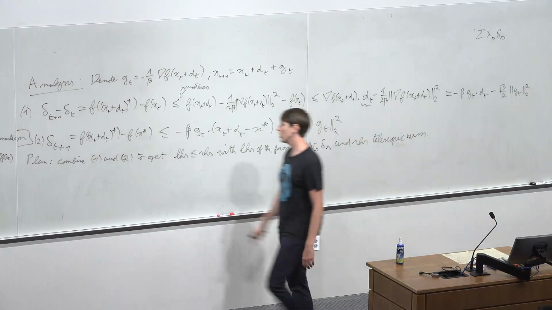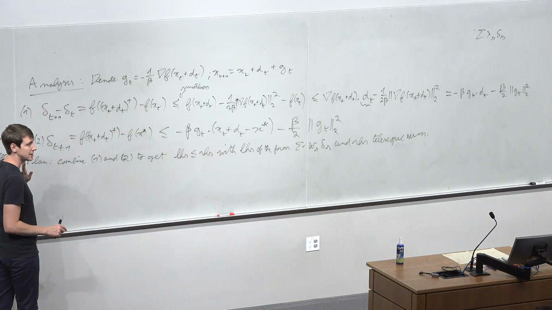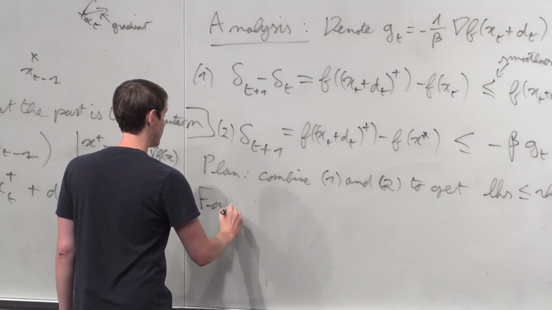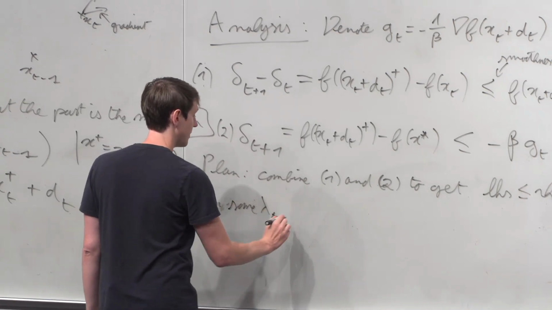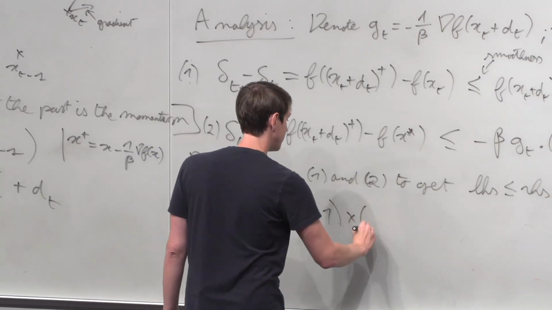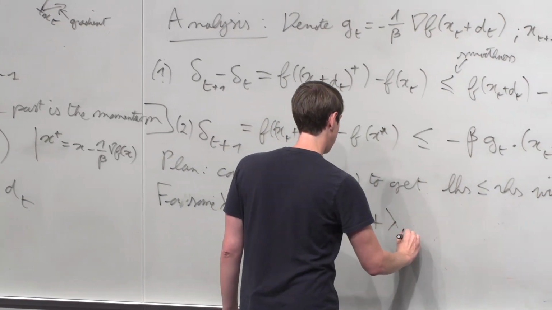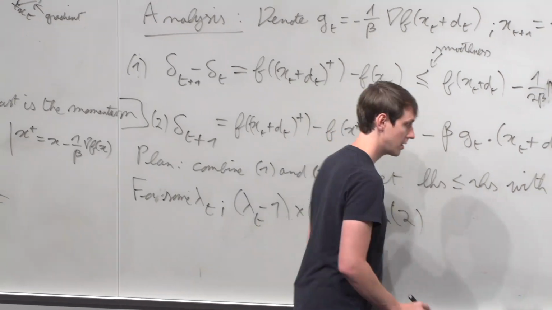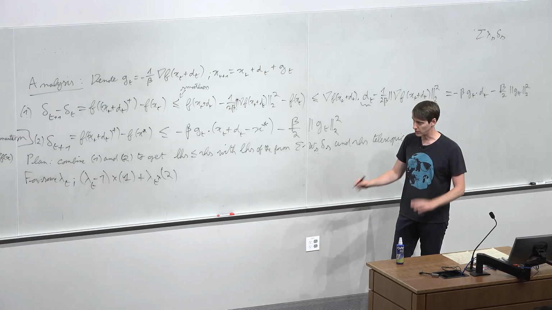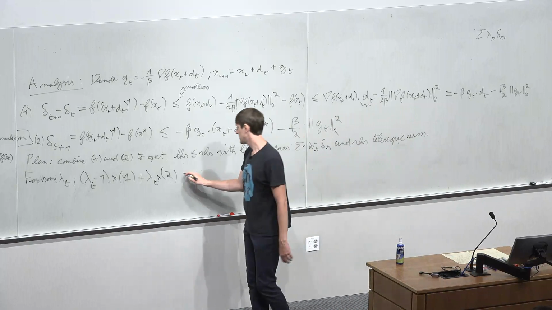I'm going to smartly take some lambda t minus 1 times inequality 1 plus lambda t times inequality 2. I'm just taking some combination of these, and with these parameters, there are going to be lots of nice cancellations. All right, so let's do it.